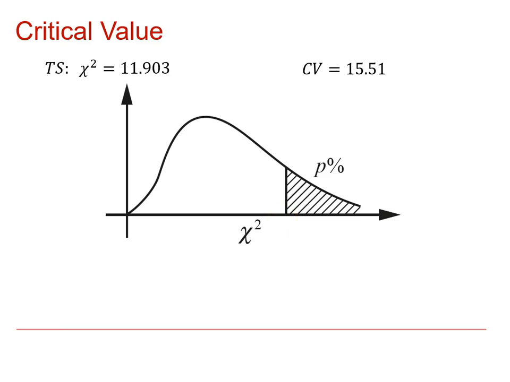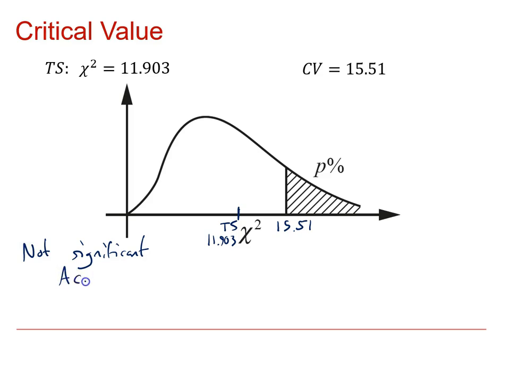So if our test statistic is 11.903 and our critical value is 15.51, that puts 15.51 at this line, and our test statistic 11.903 is in this region, so that is not significant.